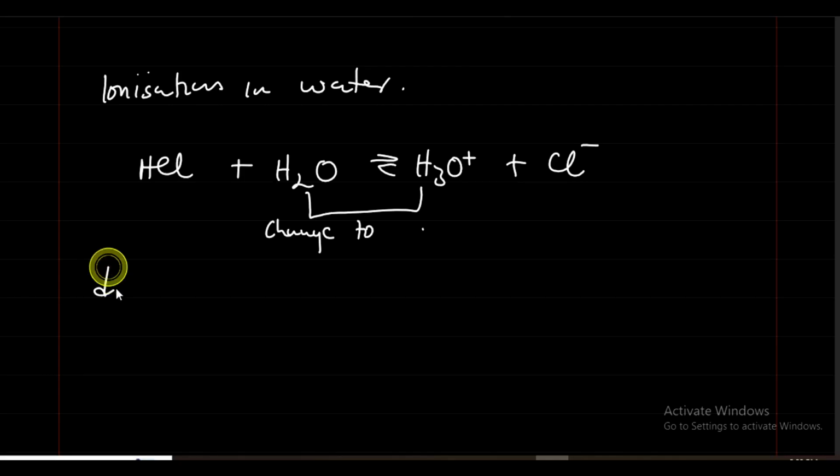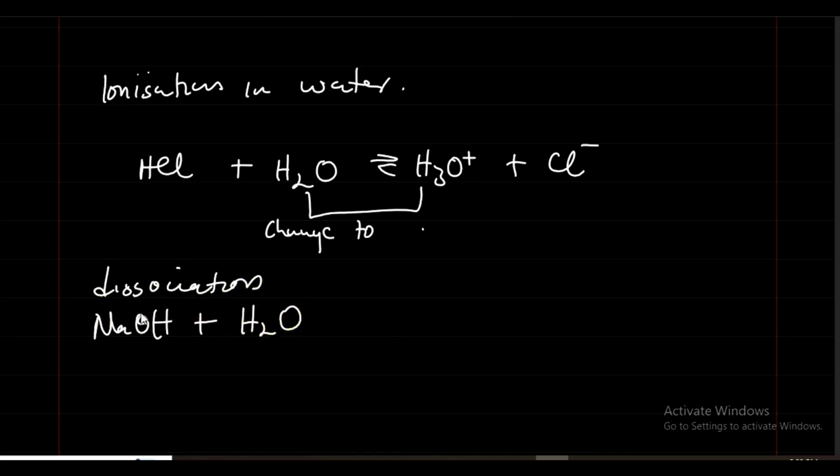Now what is dissociation? Dissociation simply means the bond between the ions breaks. Take a base, let me say sodium hydroxide plus water. Dissociation means that the sodium will separate from the hydroxide only, but there won't be any reaction with water. Here's how we can prove it.